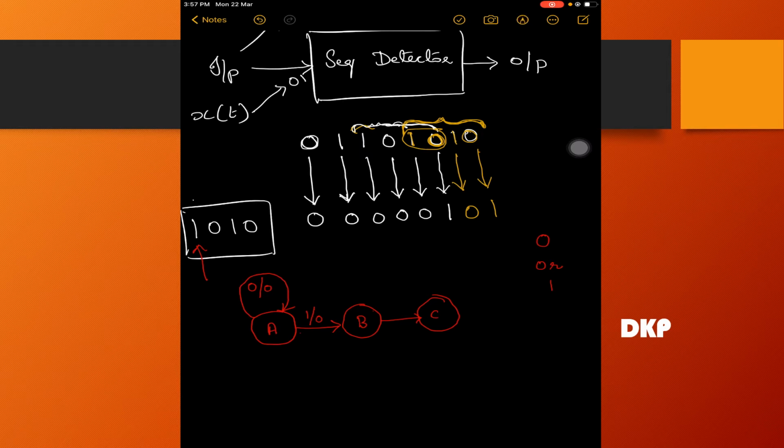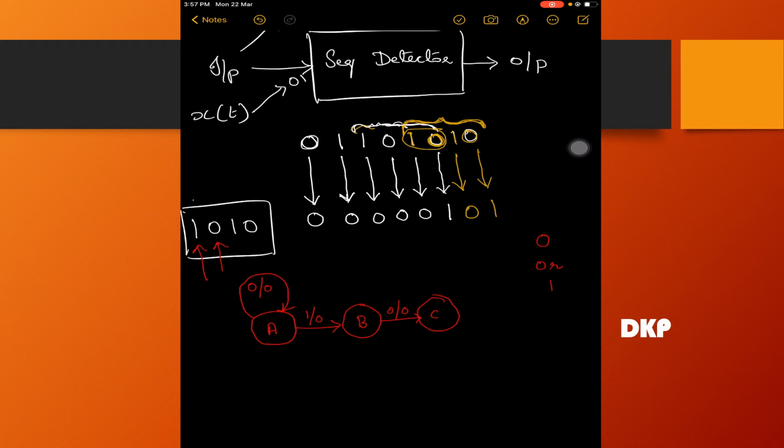Why? Because the next bit in the desired sequence is 0. The machine thinks that it is going to complete the sequence. Maybe 1, 0 is the first part of this desired sequence, and it goes to the next state, but the output that it gives is 0 because it is an incomplete sequence.